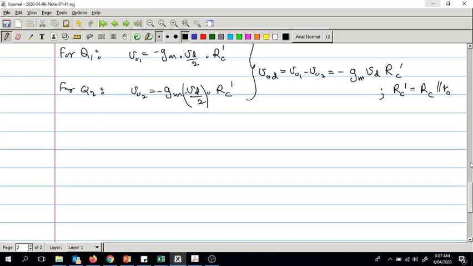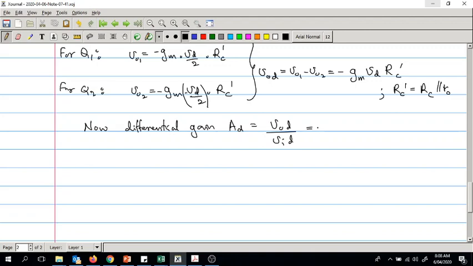So that's the case. Now the differential gain. A differential is equal to V out differential divided by Vi differential, right? Vi differential is Vd.